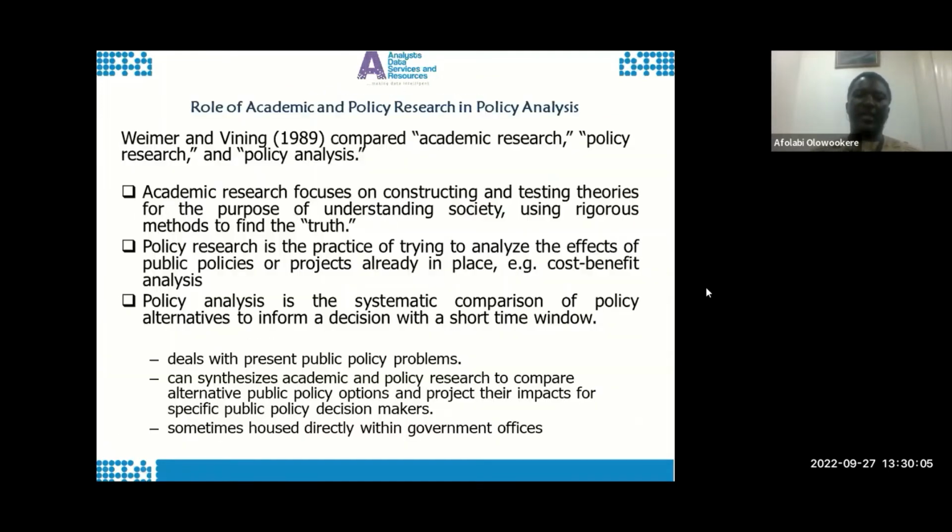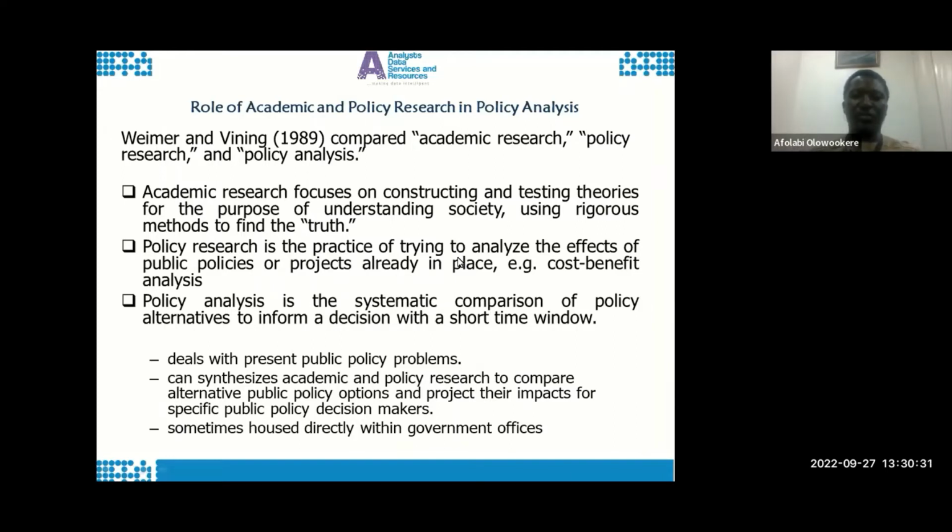So having said that, we can look at the role of academic and policy research in policy analysis. In 1989, they tried to compare academic research with policy research and policy analysis. They showed that academic research focuses on constructing and testing theories for the purpose of understanding society, using rigorous methods to find the truth.